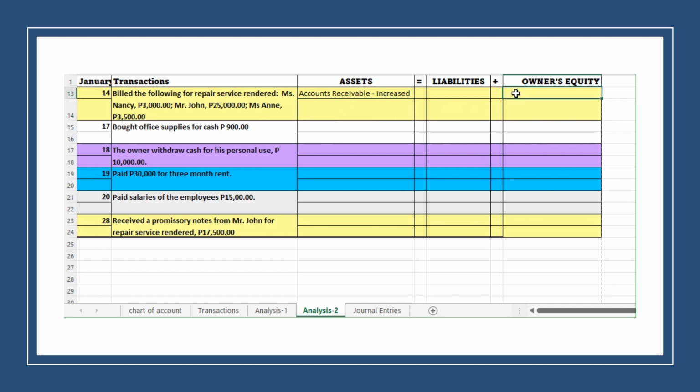Therefore, there will be an account that will increase the owner's equity and we have to credit it. In order to increase the owner's equity, we have to credit it. Okay? So, we have repair income. And this is an increase.